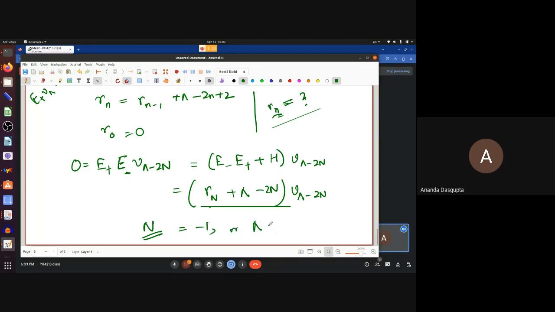Now, of the two roots, which one will you take? Lambda. Why not minus 1? Because that would mean that lambda minus 2N is greater than lambda. And then E plus lambda we already know is 0.